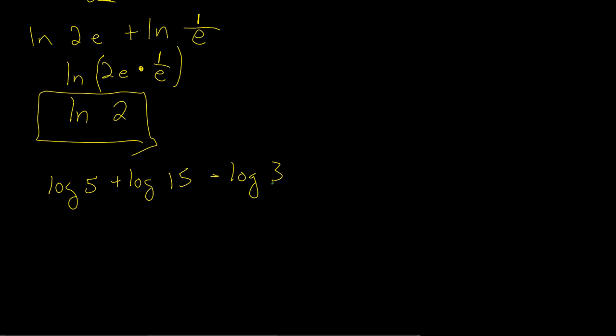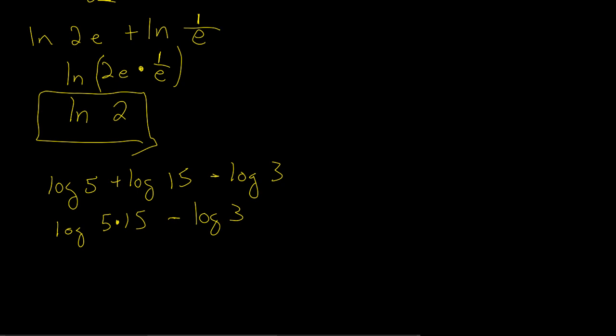Well, we can do this a couple ways. I'm going to take the additions as multiplication. So I'm going to get the log of 5 times 15 minus the log of 3.